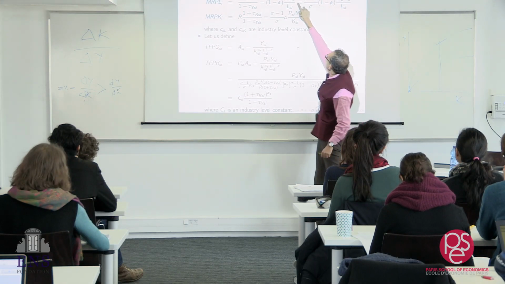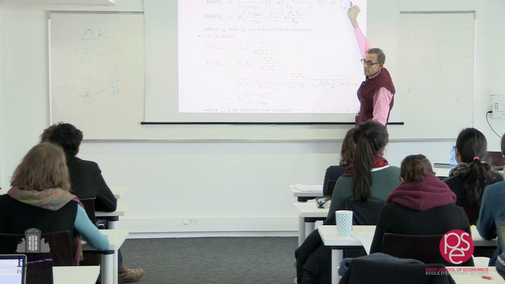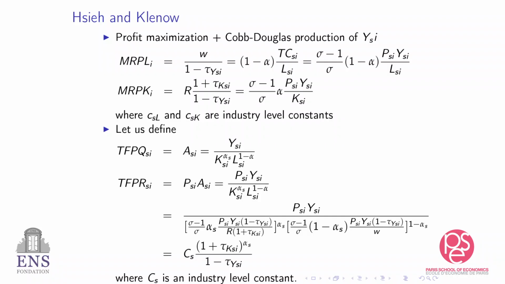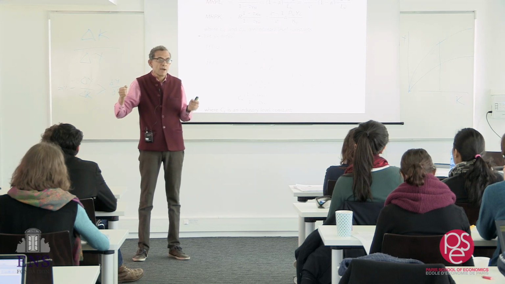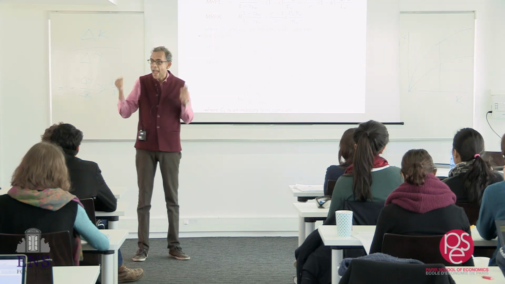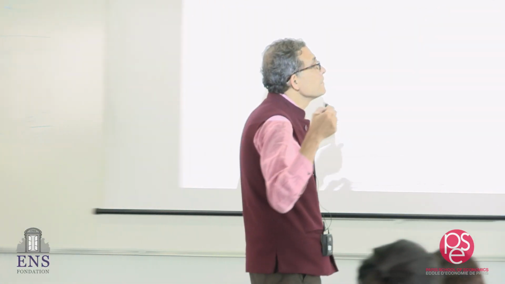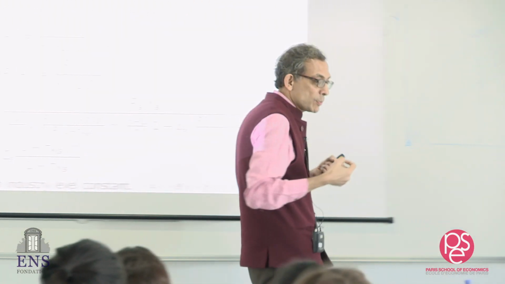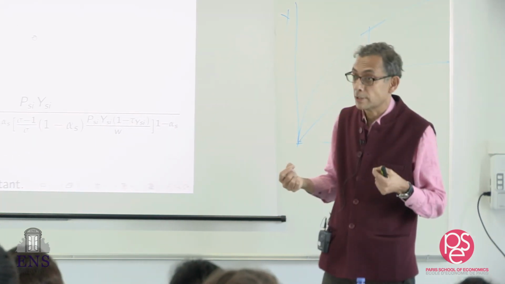This piece is that total cost is related to total revenue. So what Cobb-Douglas does is say that I take the total cost, and a fixed fraction of it goes to labor. And second, the marginal product of labor is proportional to the average product.